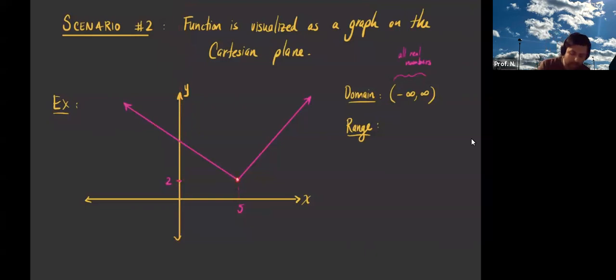Since this has a minimum y value, this value is like a cap for the range. So the range includes everything above 2, including 2, but nothing below 2. So I'm going to be expressing domain and range in this case in interval notation. It would be 2 comma infinity.